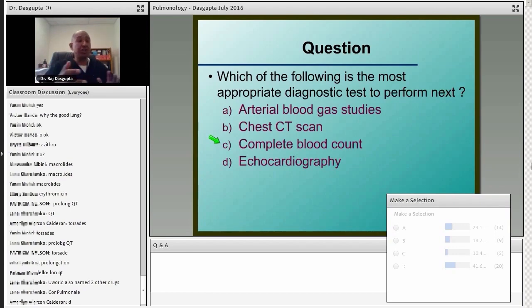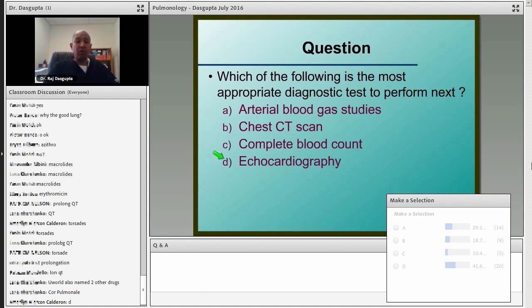I don't think it's going to change what you do. The other one that I don't think needs to be done next, or even at all, would be CT. Don't get me wrong, every hospital will probably get one because we love to waste money. But is it really going to change what you do in this case, the way she's presenting? Is that the next thing she needs? In fact, in this patient, it would be very unsafe to get a CT. So I'm not thinking B and C.